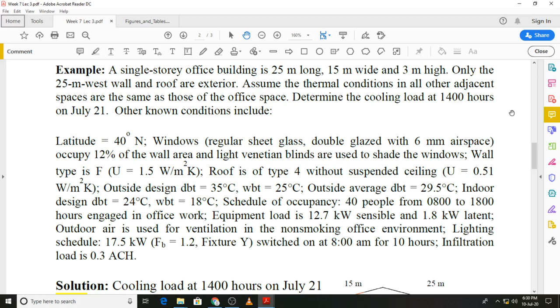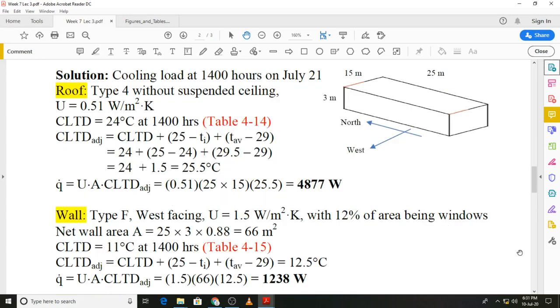Okay, so we will start with the external loads and then proceed forward, and as we proceed you will see how we make use of the tables to find various factors and values. So we will start with the roof, which is an exterior surface, and we are told that it is of type 4 without suspended ceiling.